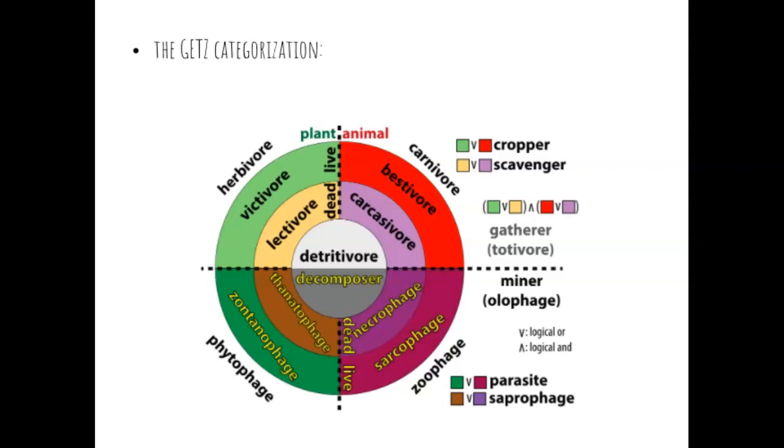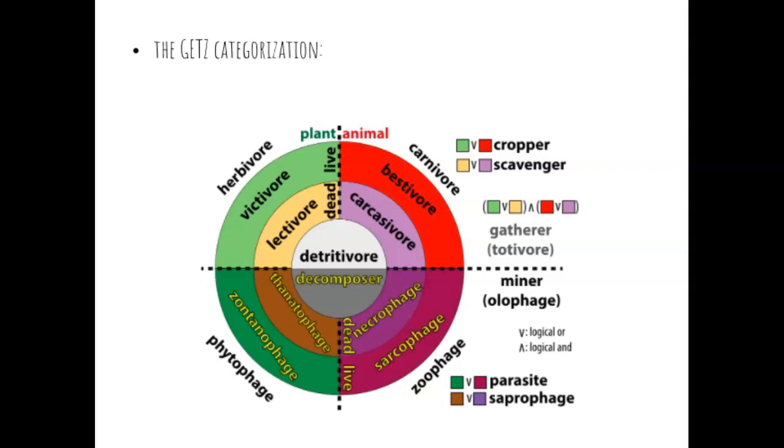It is based on whether things are plants or animals and whether they're eating things that are dead or alive. So, for example, a lectivore is something that eats dead plants. Okay, an herbivore is something that is eating plants in general.